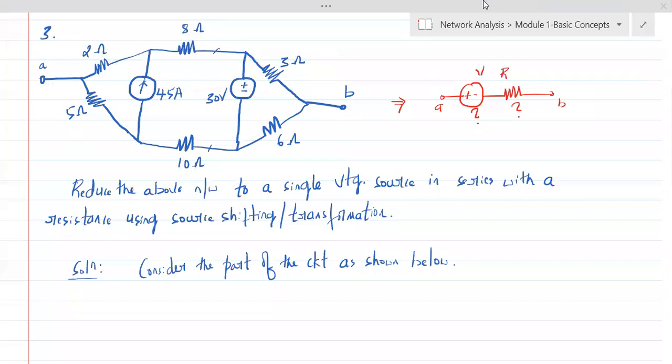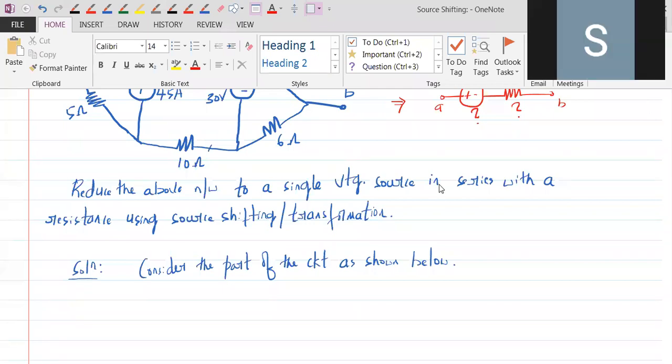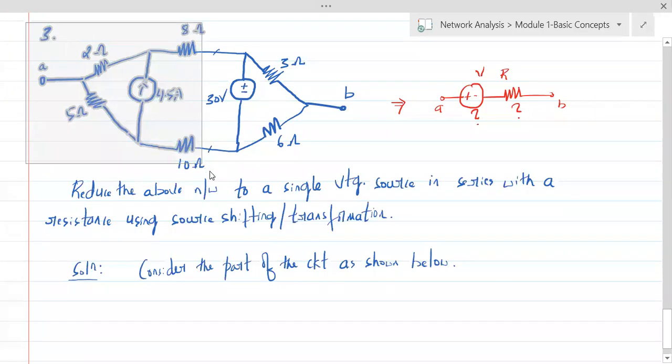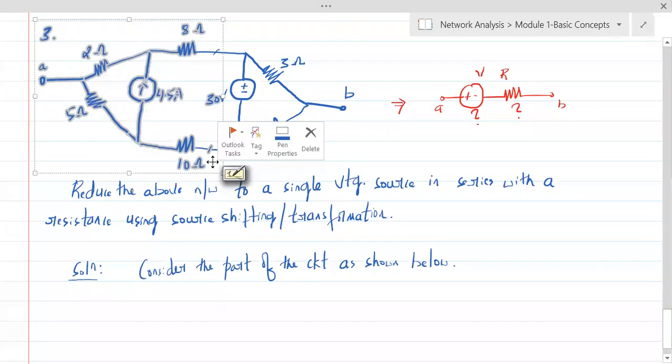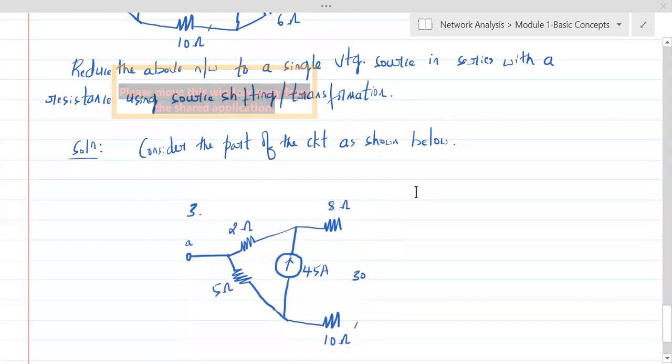Everybody just copy that much circuit. Okay, I've just copied this much now.